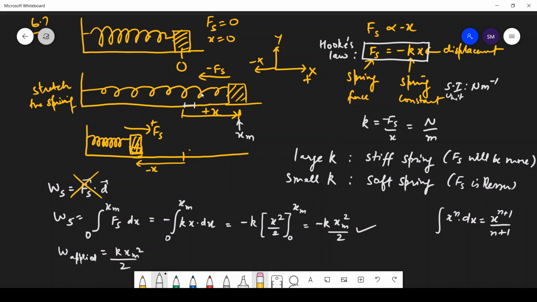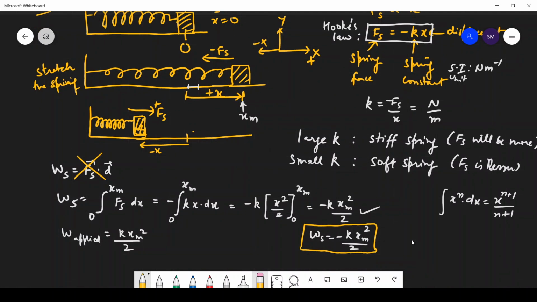I am moving it at a very small speed. Students, this is the concept of potential energy of a conservative force. You have to move it with very, very slow speed. Acceleration is 0, and that is why we take the applied force equal to the spring force, as in earlier cases also. So remember this. The work done by the spring force is minus k xm square divided by 2, right? Because here the spring force and displacement are in opposite directions.